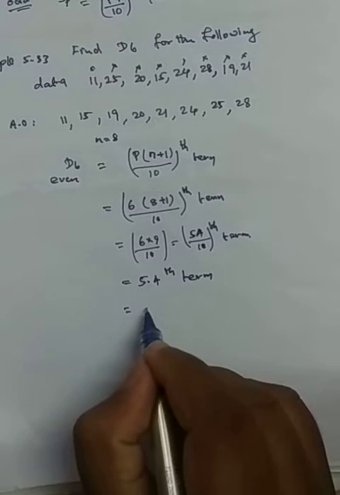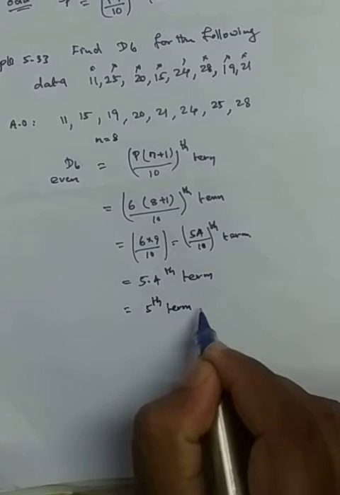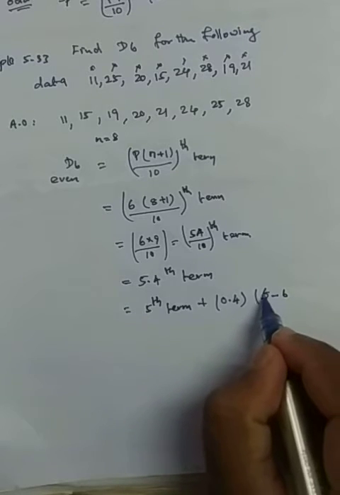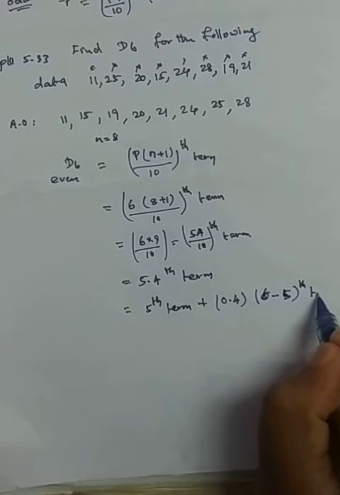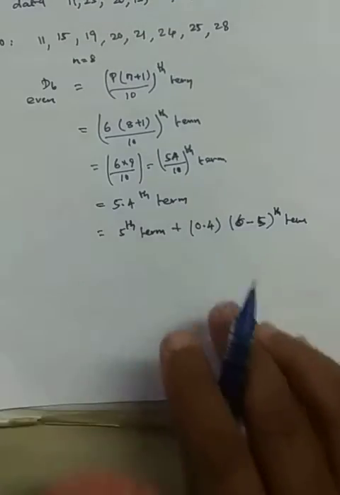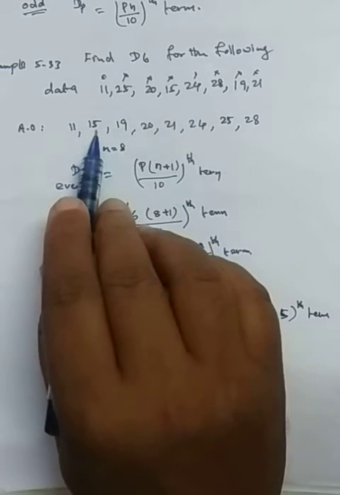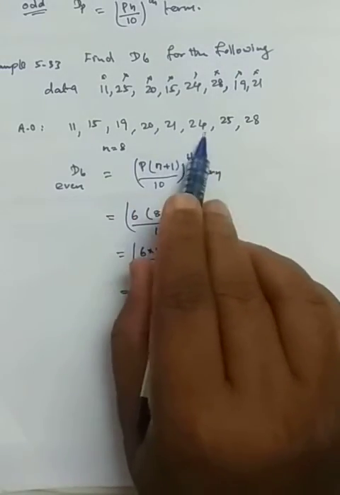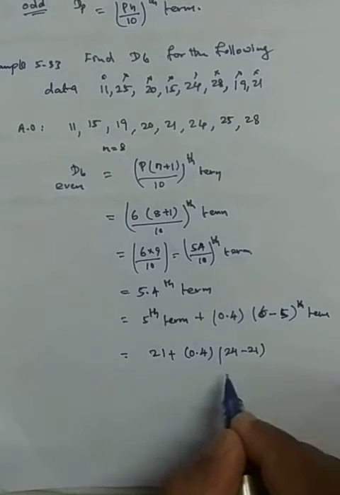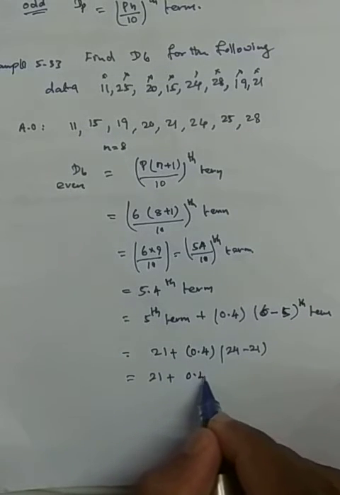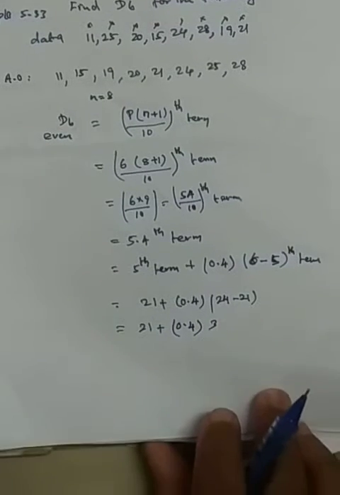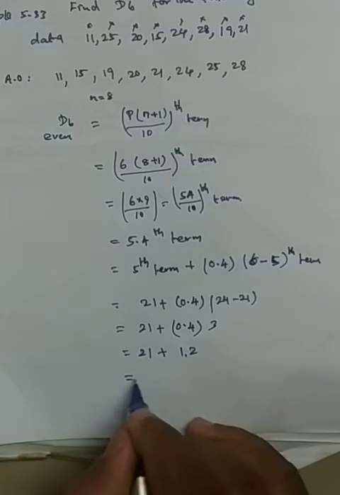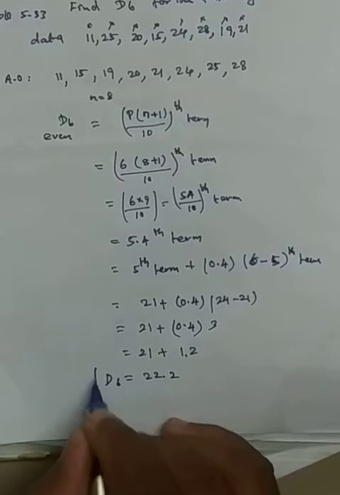That is the 5th term plus 0.4 into (6th term minus 5th term). The fifth term is 21, so 21 plus 0.4 into (24 minus 21), which is 3. 3 fours are 12, so 1.2. Therefore D6 is 22.2.